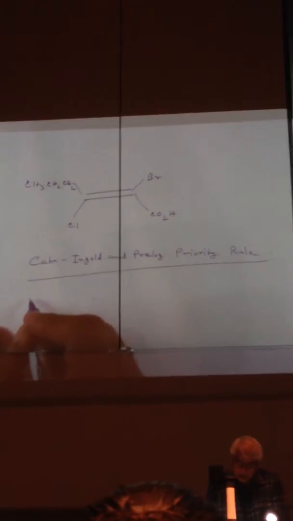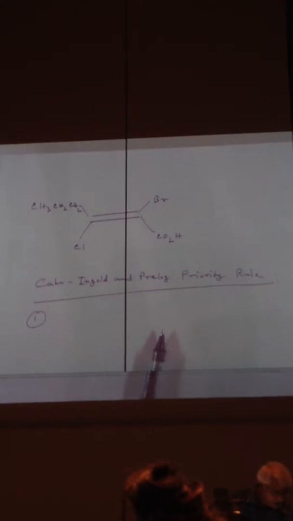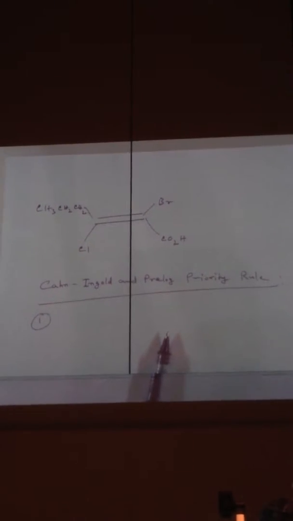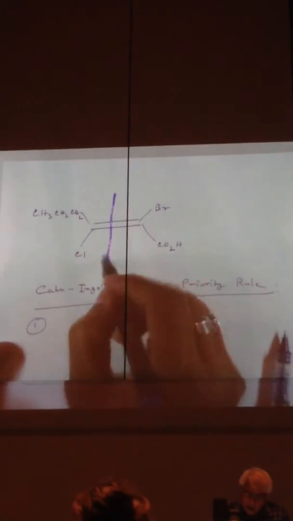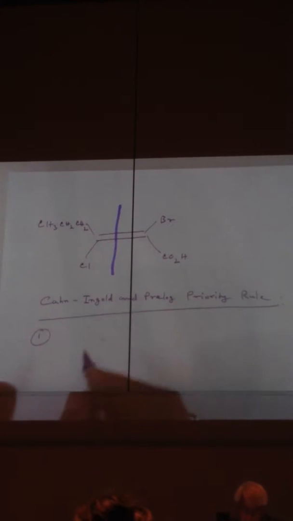If they are different, then you go to the higher atomic number. So first of all, what you have to do is divide it into two parts. With respect to the double bond, there are two parts, and we compare the two here and here. And the first rule is, of course, the atomic number.